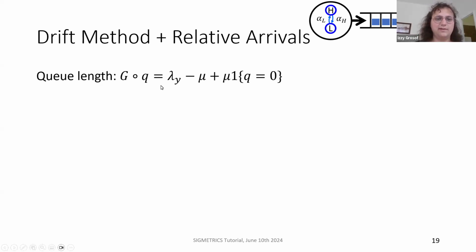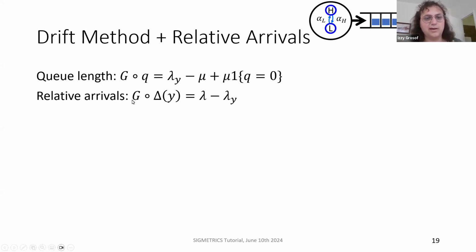The fact that we have this lambda y in here is the reason why we have that arrival rate weighted Q length in our result before. So we want to get rid of this lambda y before we can really use the drift. And this relative arrivals function is perfectly suited to do that. It's just lambda minus lambda y. So it's got a lambda y ready to cancel out this thing.